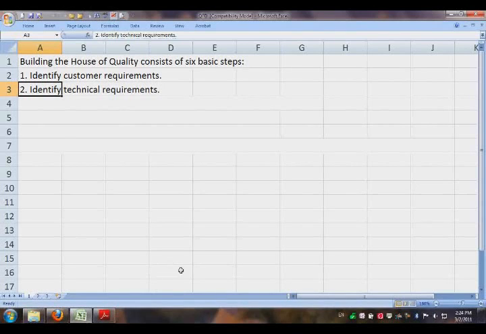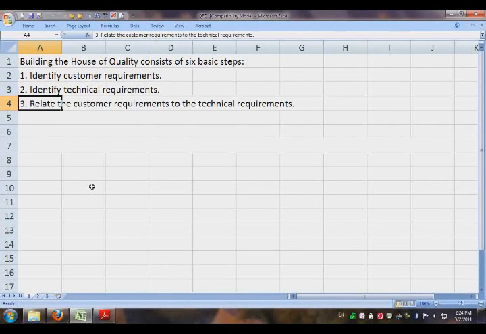Step number 3, relate the customer requirements to technical requirements. So set up the relationship. I have 3 types of relationships: very strong, strong, and weak. Now let's just read them.